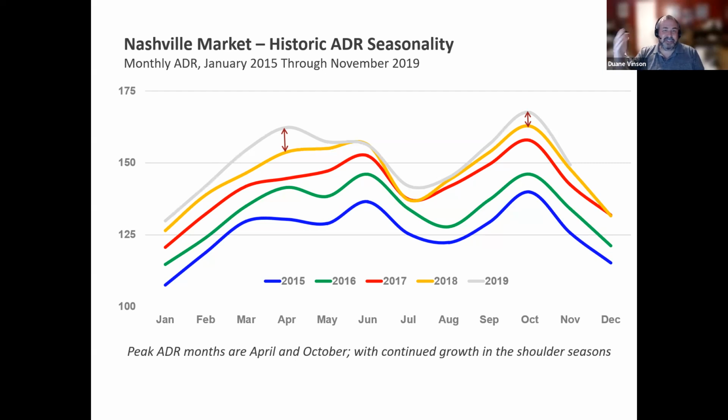Talk about, is there something that caused that? In 2019, we added a spring music festival, and that significantly increased both our occupancy as well as our average rate in the month of April here in Nashville. That's not a true story. I just made that up. But that's exactly the kind of thing you'd want to tell, right? What's causing those changes?